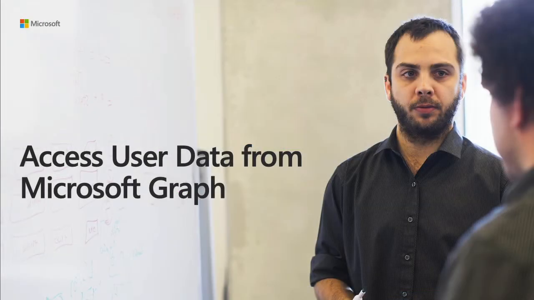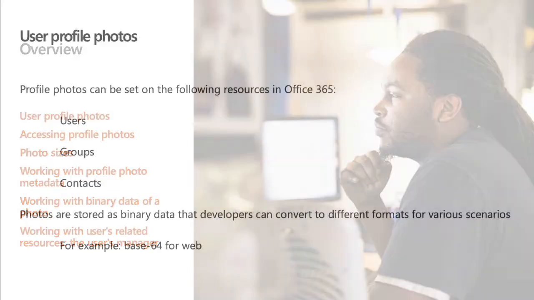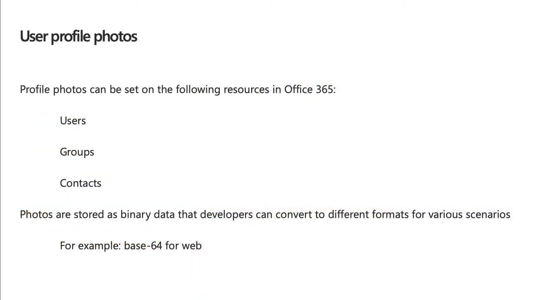In this section, we're going to learn how to get a reference to and download a user's profile photo, as well as access the user's manager. We're also going to see how to save the file, the photo file, locally to your machine. Now, profile photos can be set on a user account or on a group or on a contact in Office 365.